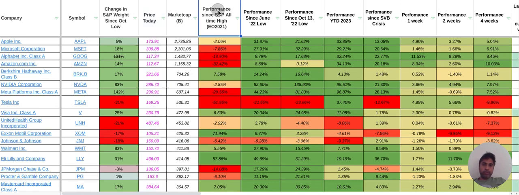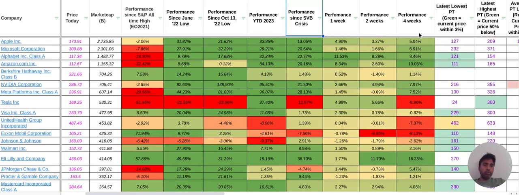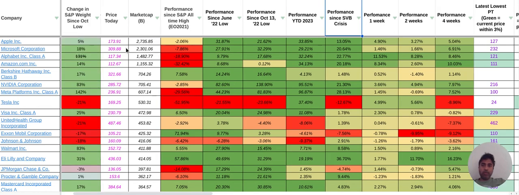We want to see the performance since the end of year 2021 for all the stocks of the S&P 500. What is the performance since June's low? What is the performance since the October 13 low, as we just talked about? The performance YTD 2023, the performance since the March 6 SVB crisis, and the 1 to 4 weeks performance. The color coding means that if the performance is less than 0, it's yellow.